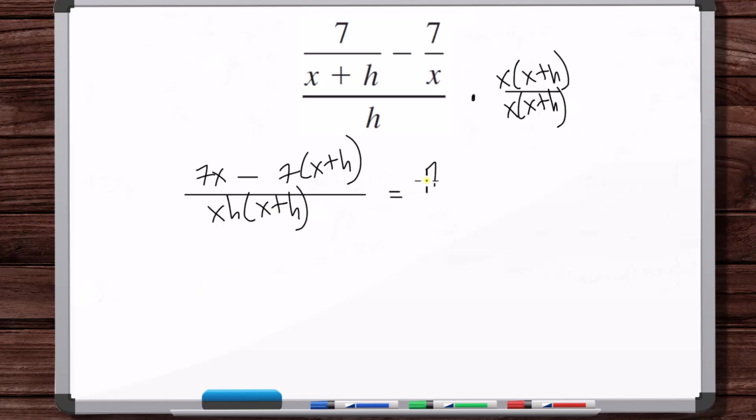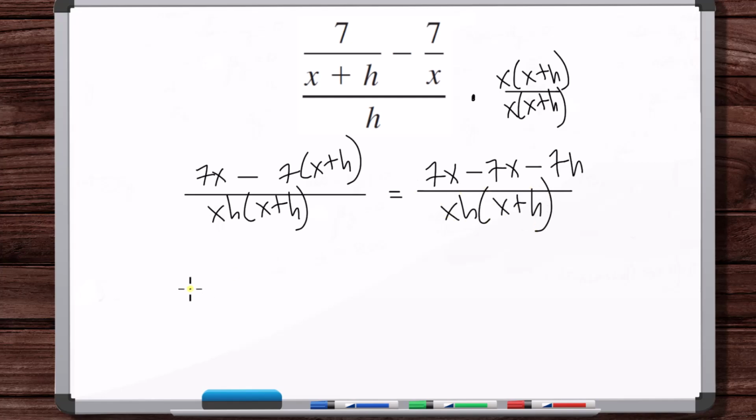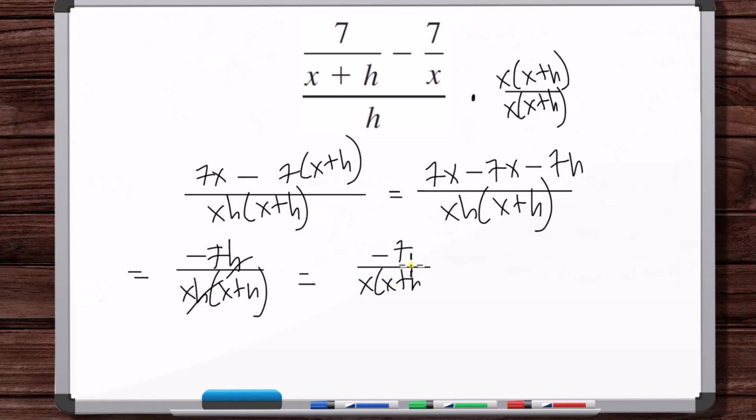So, okay, 7x minus 7x minus 7h over xh times x plus h. 7x minus 7x is 0. So xh, okay, so minus 7 over x times x plus h. But let's see, x can't be equal to 0. x can't be equal to minus h.